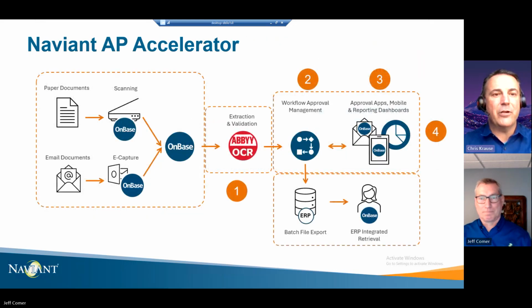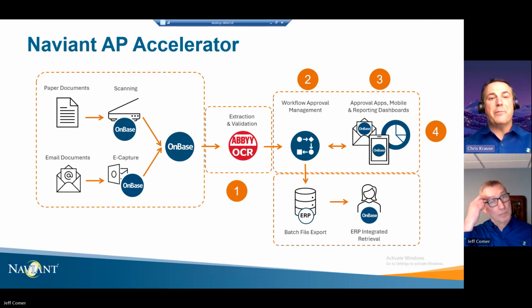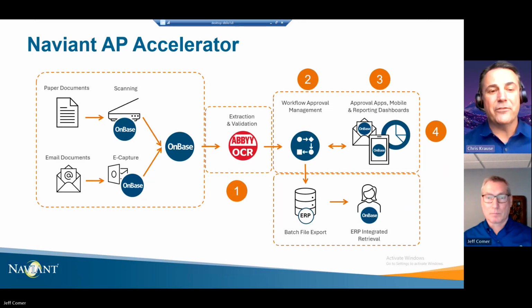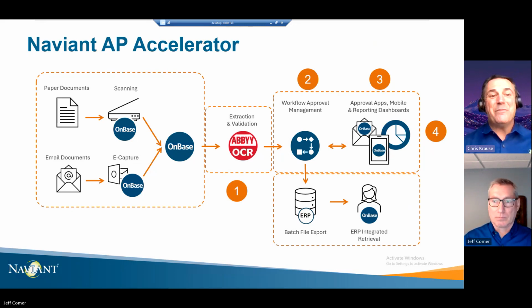So let's go into the process itself. At a high level, you're still maybe getting some paper invoices, although we see those fewer and fewer, but you can still scan those into OnBase just like you always have for the last couple of decades. And email, whether it's Outlook integration or mailbox importer, you can bring those and their attachments into OnBase, and OnBase, through the Naviant connector to ABBYY, will upload those images to ABBYY, where that OCR and extraction will occur.